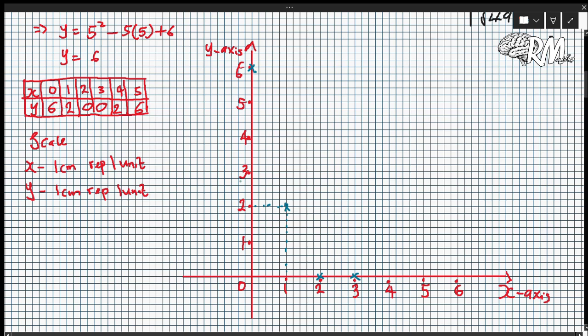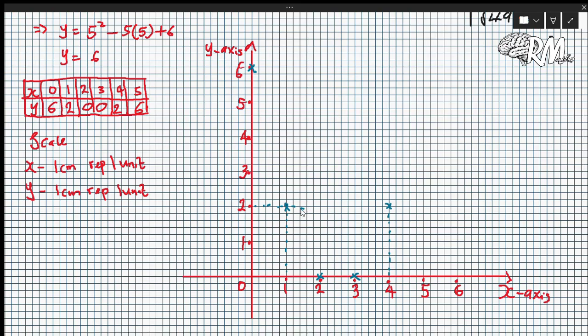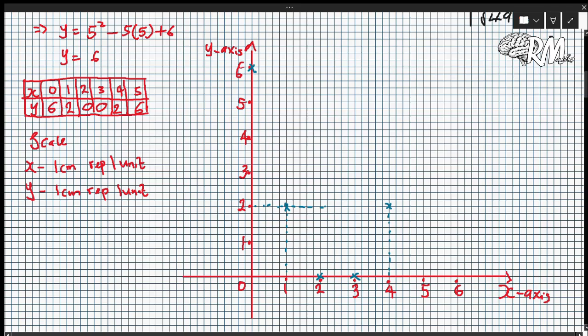The next one, when x is 4, y is 2. So x is 4 to be here and y is 2 to be here. So this is where the both of them meet. Let me just draw it so that you can see how it goes.